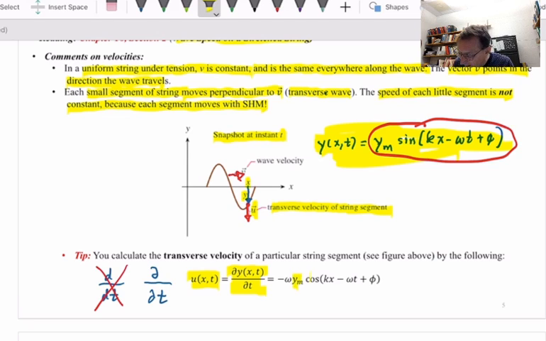There's cosine blob. Now the derivative of the blob means differentiate this with respect to t, treating k and x and phi as constant. And when you differentiate that with respect to t, you have just a negative omega. And notice that's out front there. Negative omega y max cosine blob. And so you can use that function to calculate the transverse velocity of a piece of string.